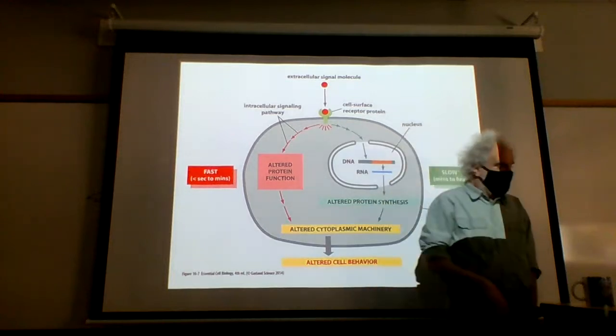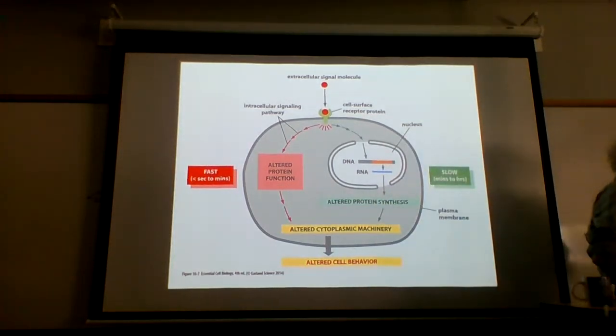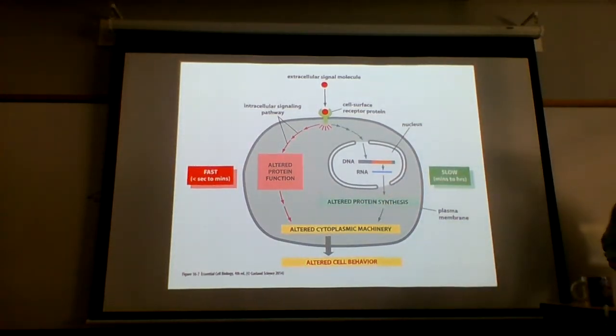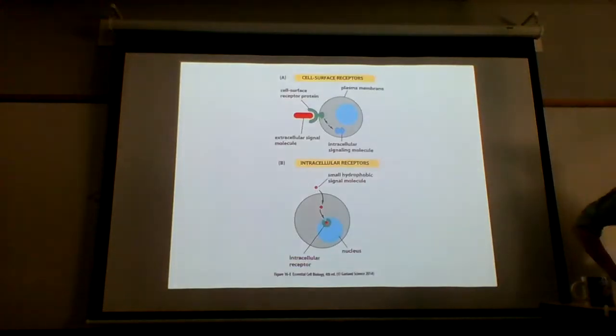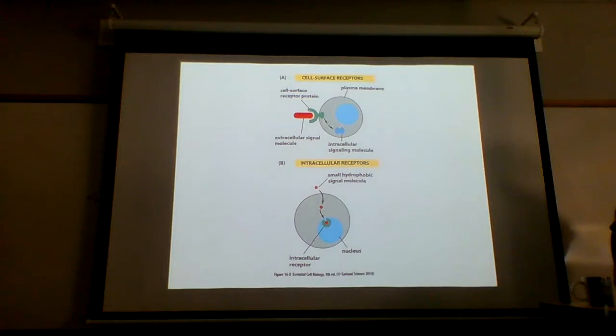And so we know that steroid hormones operate strictly at the level of gene expression. So we got these two broad classes: cell surface receptors, which typically are going to be fast, and the intracellular receptors, things like steroid hormones, which can diffuse across the plasma membrane and act at the level of gene expression. They're going to be pretty slow.